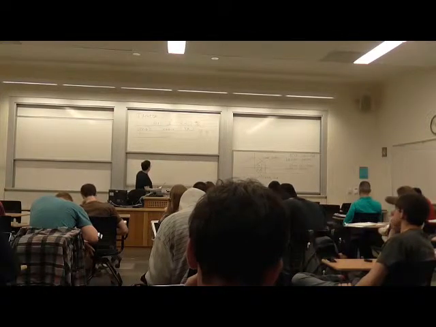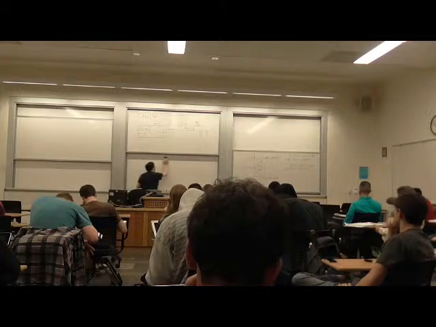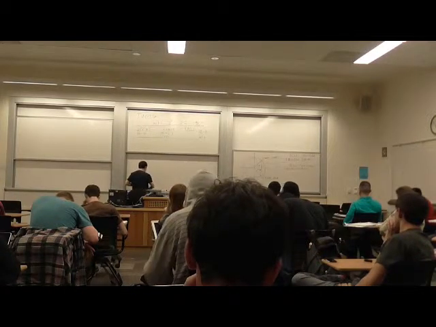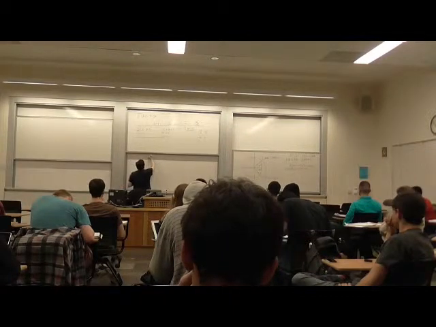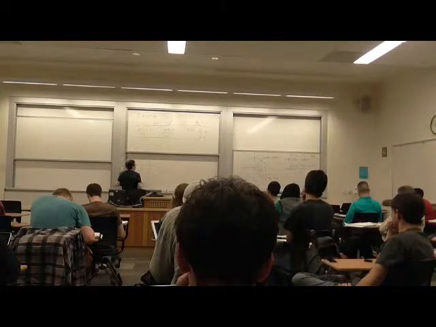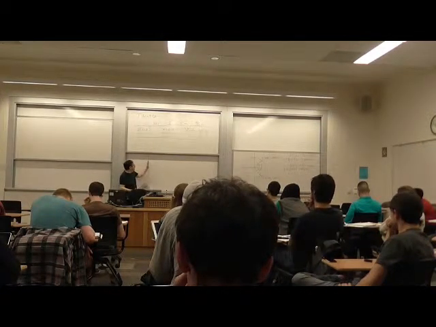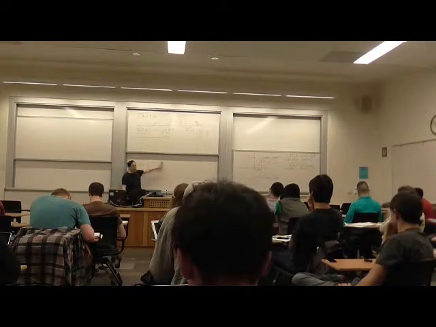I'll make some room here. There's something about the graphs of odd and even functions you should know about. If I take the cosine function, an even function, if you look at its graph, the left side will be a mirror of the right side.